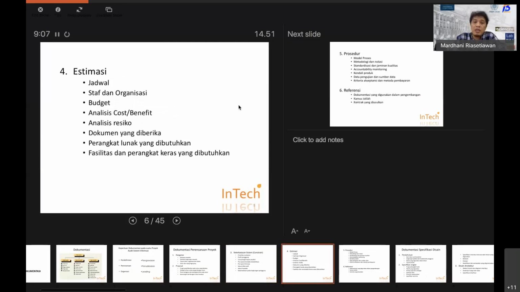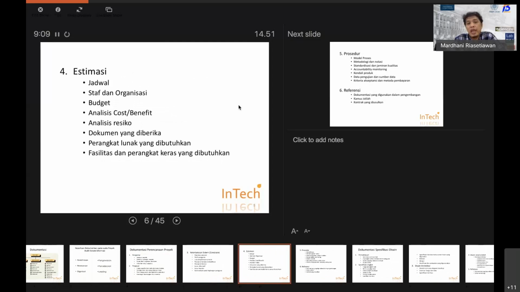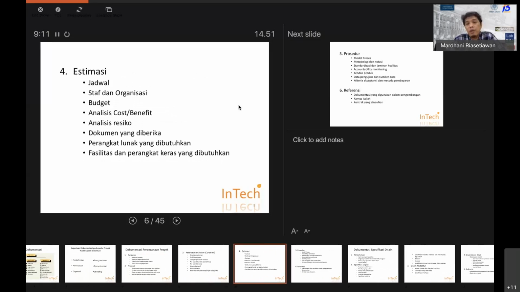And then number 4 is the estimation about the schedules, for example. When you develop your solution, we need to see whether this is appropriate with the time that you need to develop or not. And then you need to have the composition of your team organization, your budget, of course, but you don't need to look at the budget in an accounting or financial way; it's just that we need to compare.